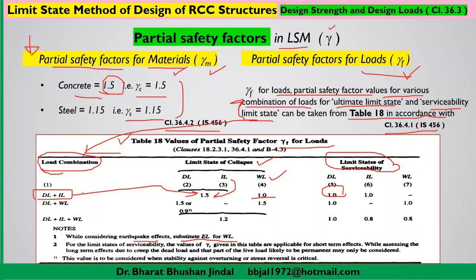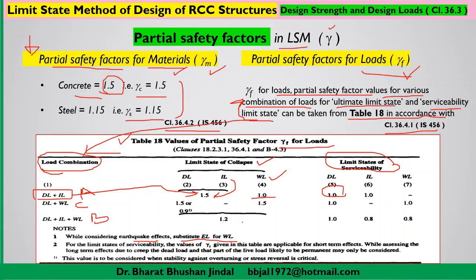Now here, if I say this is A type of combination of load, this is B type, and this is C type of combination of load, you can see we have taken different values of partial safety factor for dead load in the first, second and third combination.